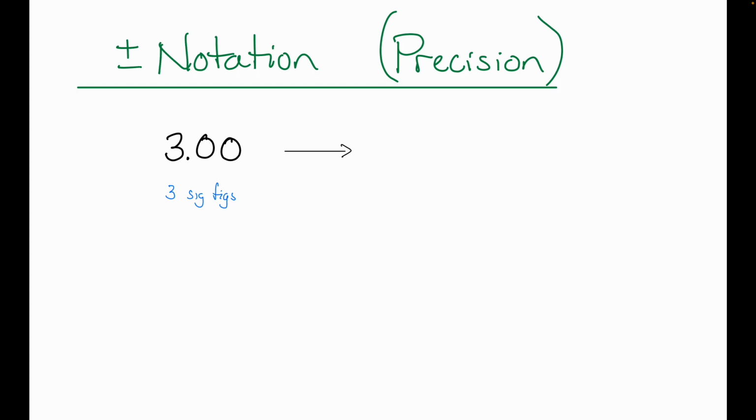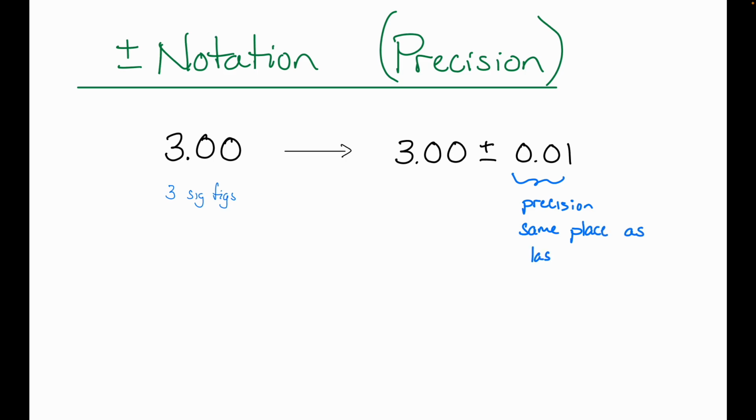When you say that a number has 3 sig figs, it's implied that it's 3.00 plus or minus 0.01. Where in that plus or minus, the thing over here called the precision is the same place as your last sig fig.